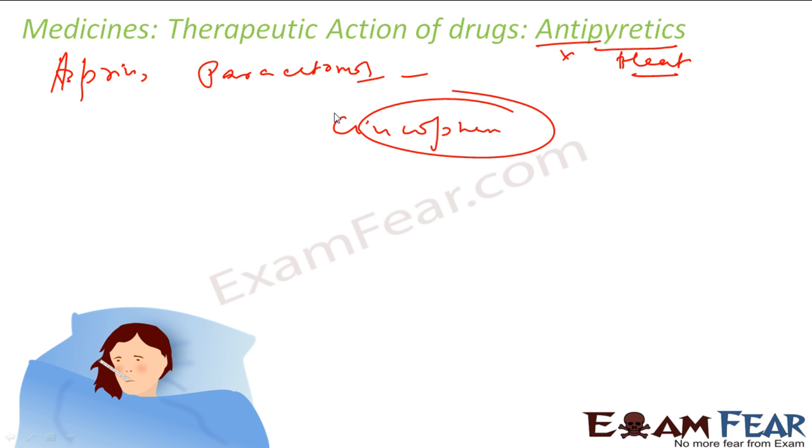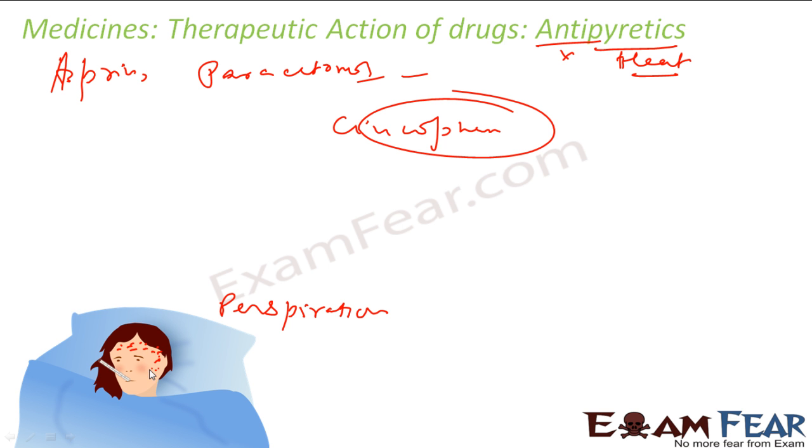The way it works is, the moment you take antipyretic drugs, this leads to perspiration in the body. You get the sweat in the body. Now to cause evaporation of the water molecules from the skin, heat energy is required.